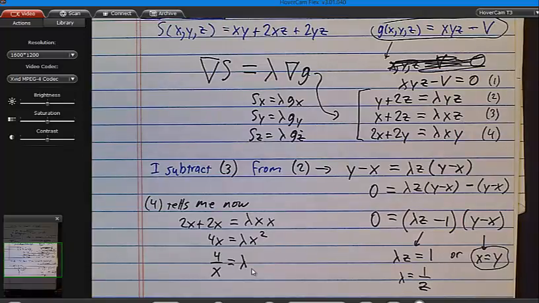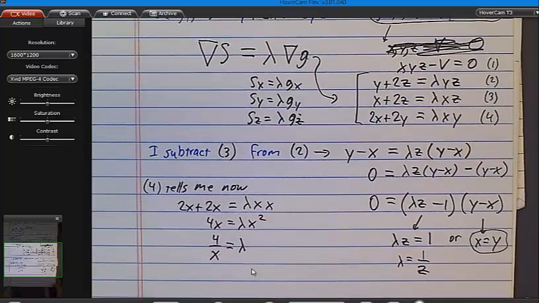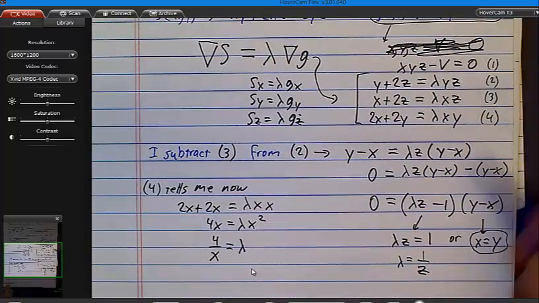Okay. What equation have we not used yet? Well, we haven't used the constraint. Let's go back to, remember we subtracted these equations?